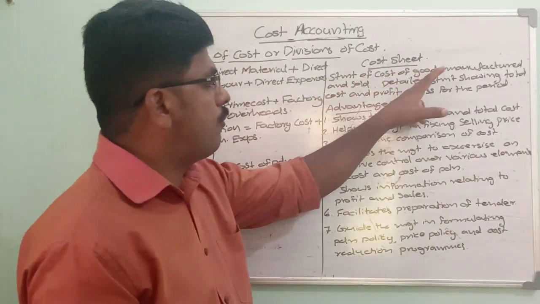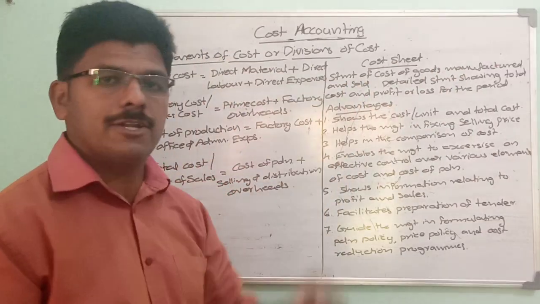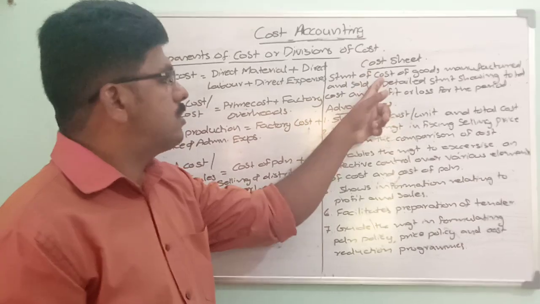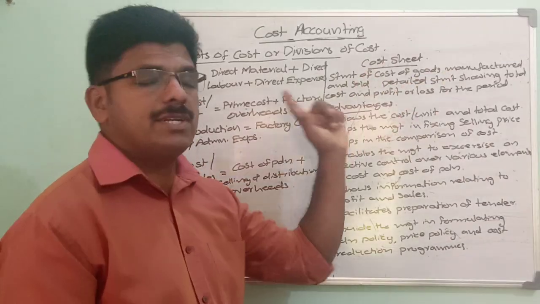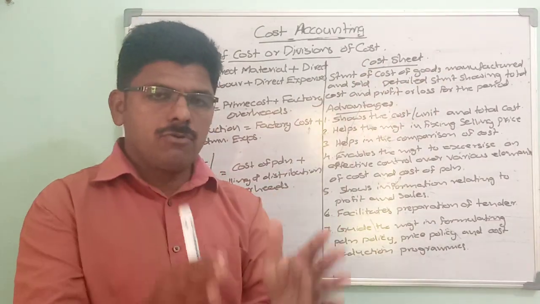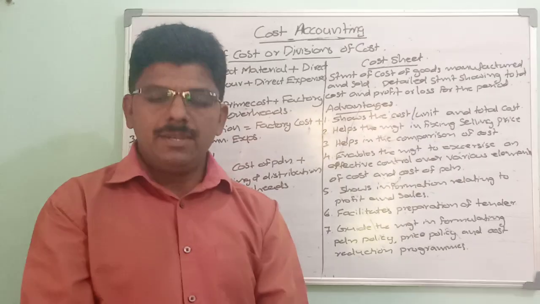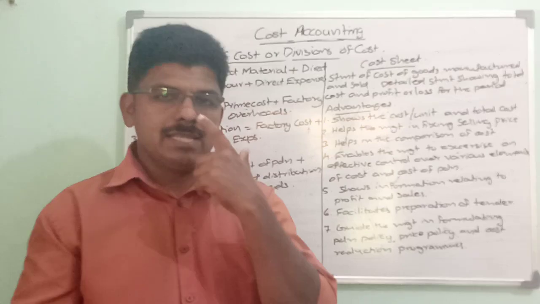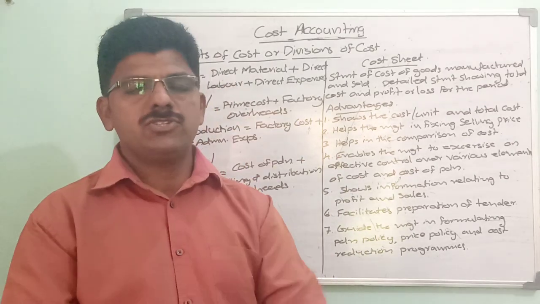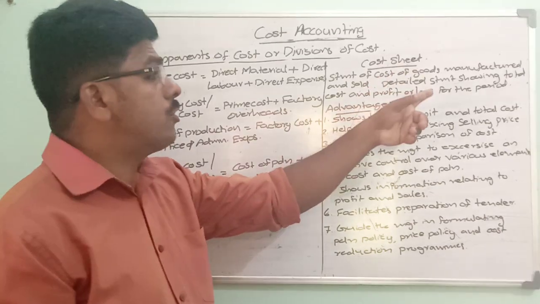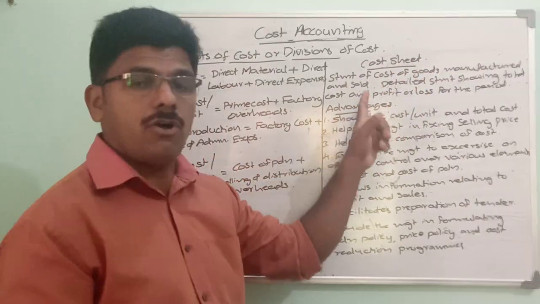Cost sheet is a statement of cost of goods manufactured and sold. The total cost incurred for manufacturing your products and the total cost of sales are shown in this cost sheet.